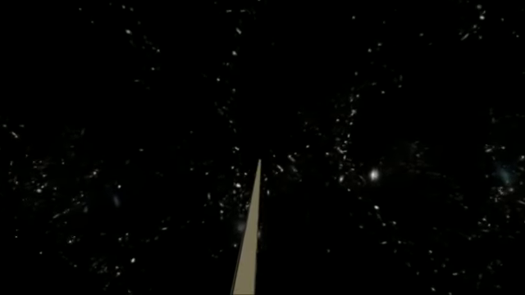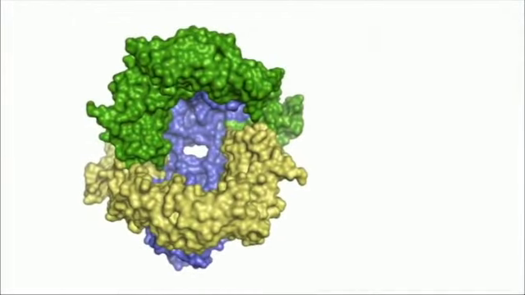Now, suppose against all odds, chemical evolution produced our single functional protein. Would we have life? No. We'd have one protein, just a lifeless arrangement of amino acids. The simplest living cell we know has more than 300 different proteins.